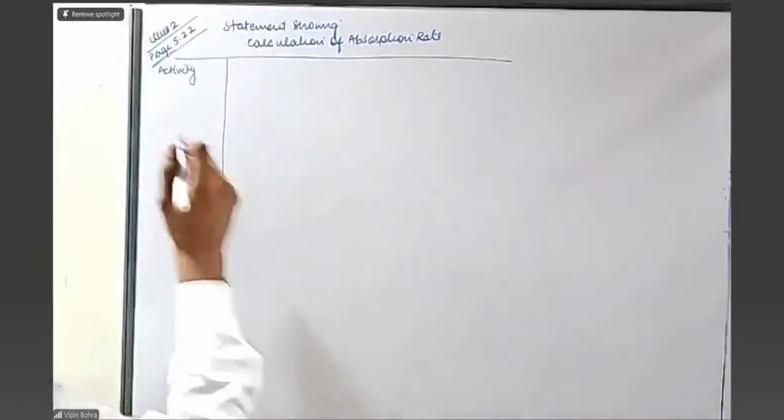So there are two activities, that is power and quality inspections.